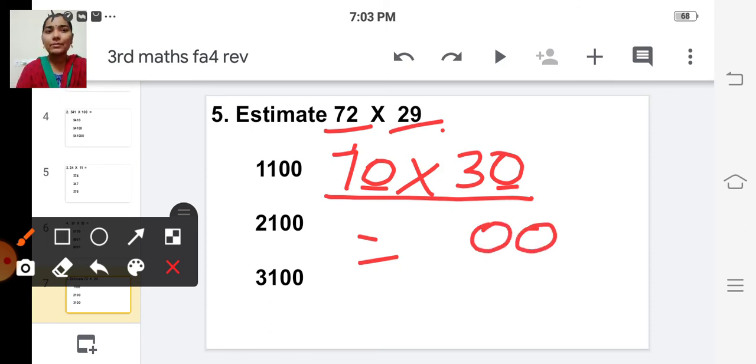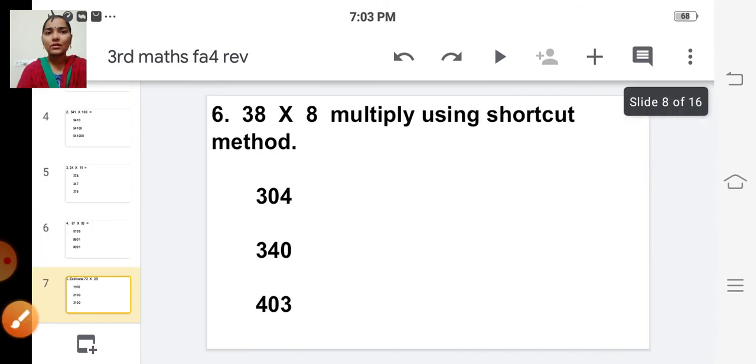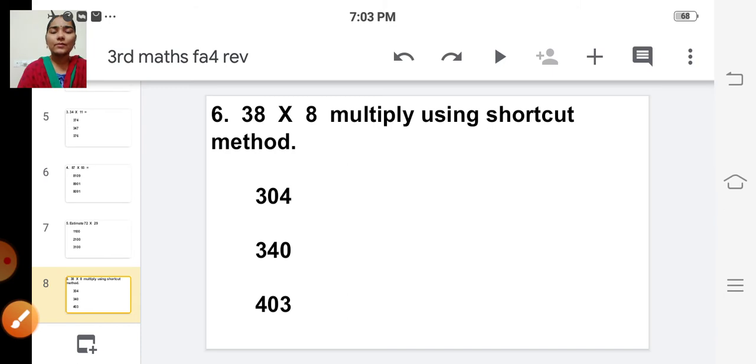And now multiply these two numbers. 7 threes are 21. So write 21 before these two zeros. So the answer is 2100. Okay. The next one, sixth problem.